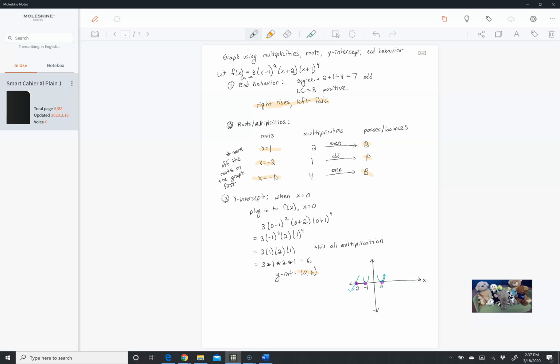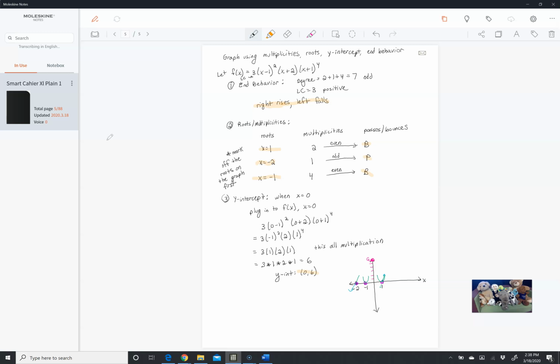Now this is where we really don't know what's going to happen. We don't know our turning points. So we're just going to approximate here. Now we know that the y-intercept is at 0, 6, so we can mark that off next. So here's 6, and we can mark off the y-intercept next, okay?